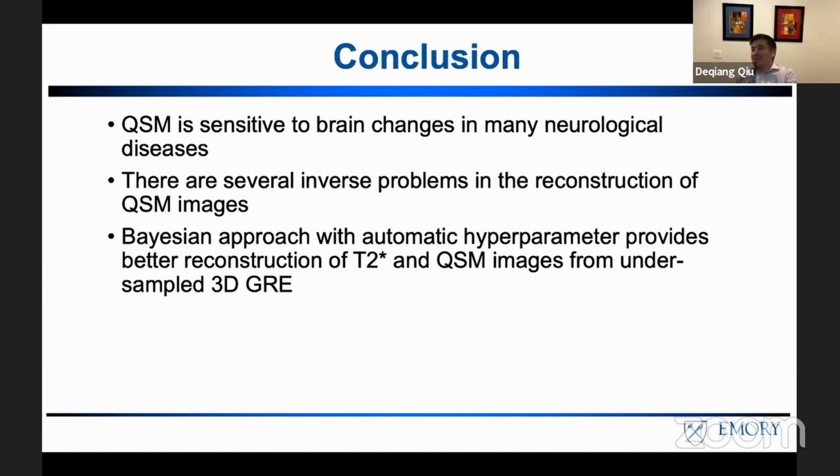So I invite all of these colleagues from the statistics world to work on these problems. And lastly, we have designed a Bayesian approach with automatic hyperparameter tuning. And we show that these methods perform better for both T2 star and QSM reconstruction.